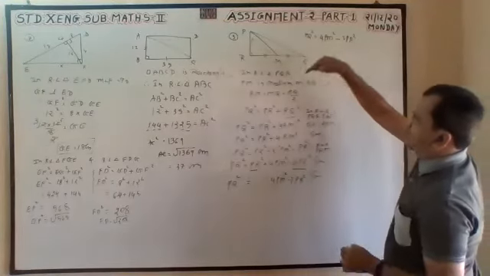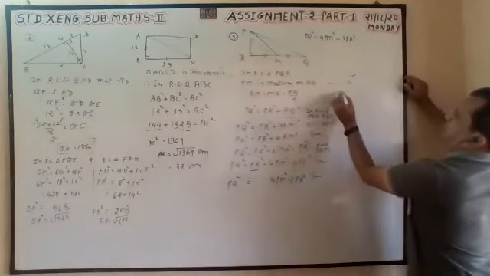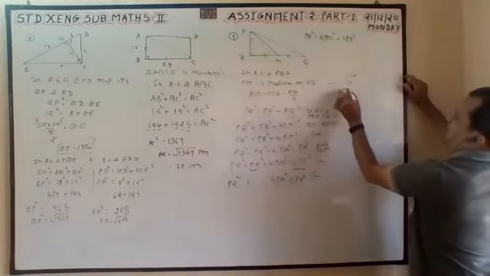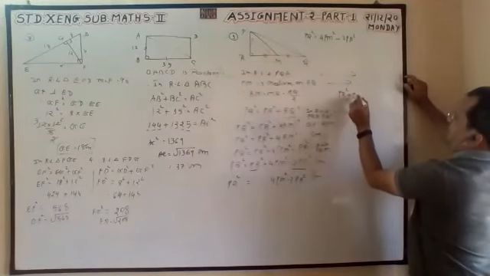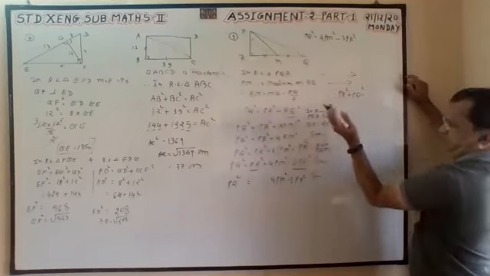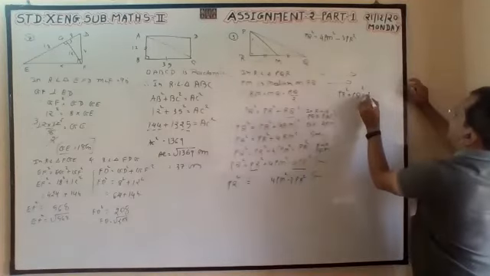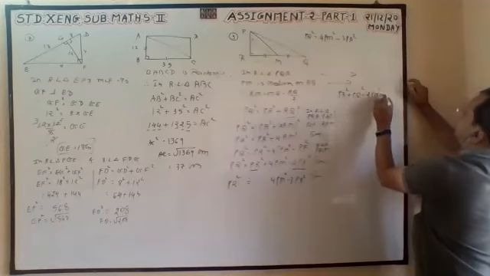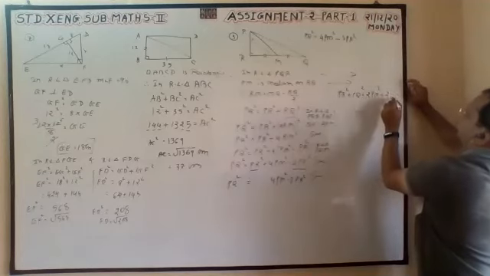What is a right angle triangle? This is a median. So PR square plus PQ square, this is Apollonius theorem, 2PM square plus 2RM square.